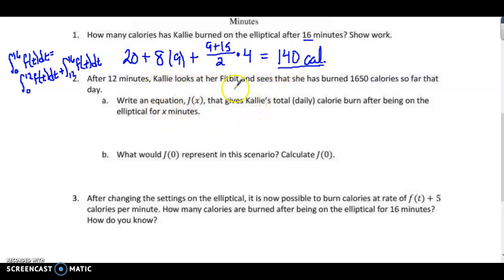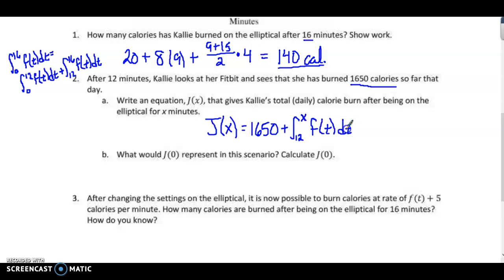After 12 minutes, Callie looks at her Fitbit and sees she's burned 1,650 calories so far that day. Write an equation j of x that gives Callie's total daily calorie burn after being on the elliptical for x minutes. Well, j of x is just going to be the integral, and excuse me, we're going to start with that 1,650, but then it's the integral from 12, so she's already burned calories for 12 minutes, to x, however many more minutes she goes, of f of t dt.